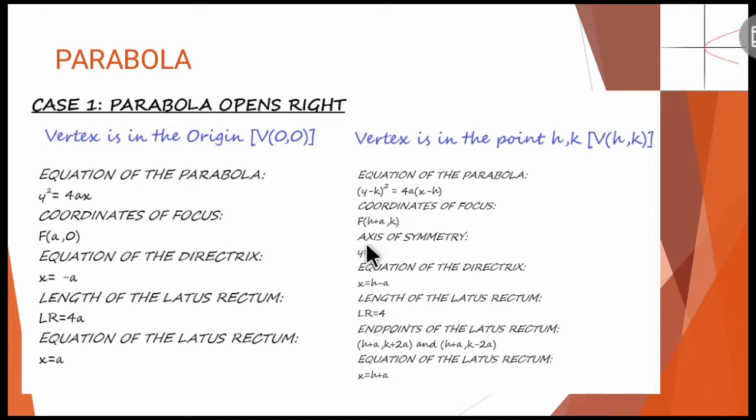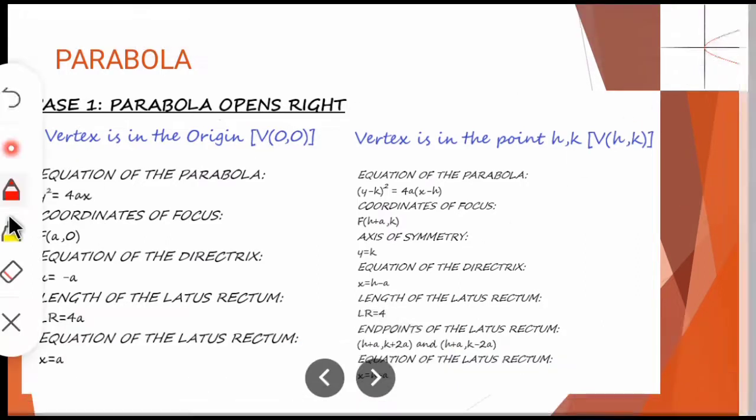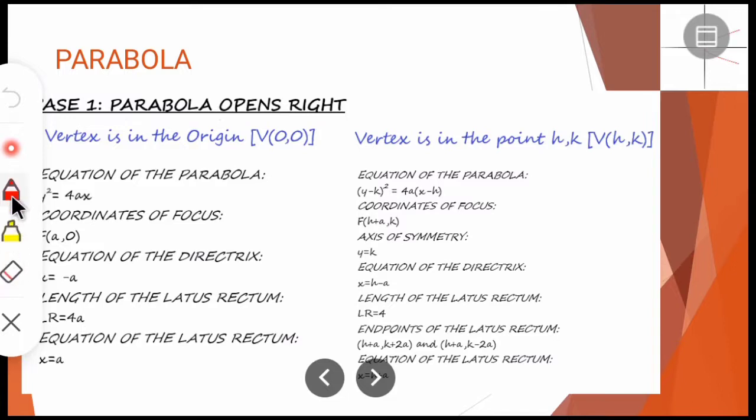The axis of symmetry is y equals k. The equation of the directrix is x equals h minus a. The length of the latus rectum is also 4a.